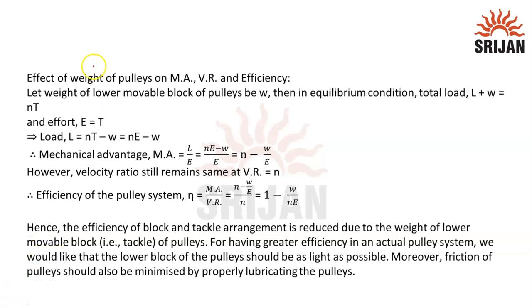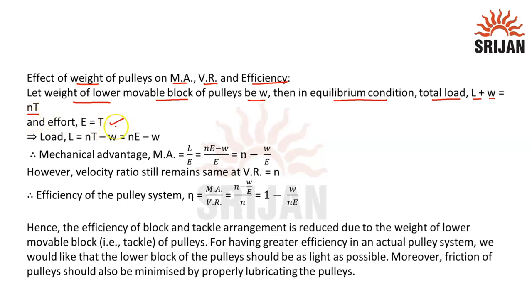Okay. The effect of the weight of pulleys on mechanical advantage, velocity ratio and efficiency. Let the weight of the lower movable block of pulleys be W. Then in the equilibrium condition, the total load, L plus W, should be equal to the total tension, that is nT.